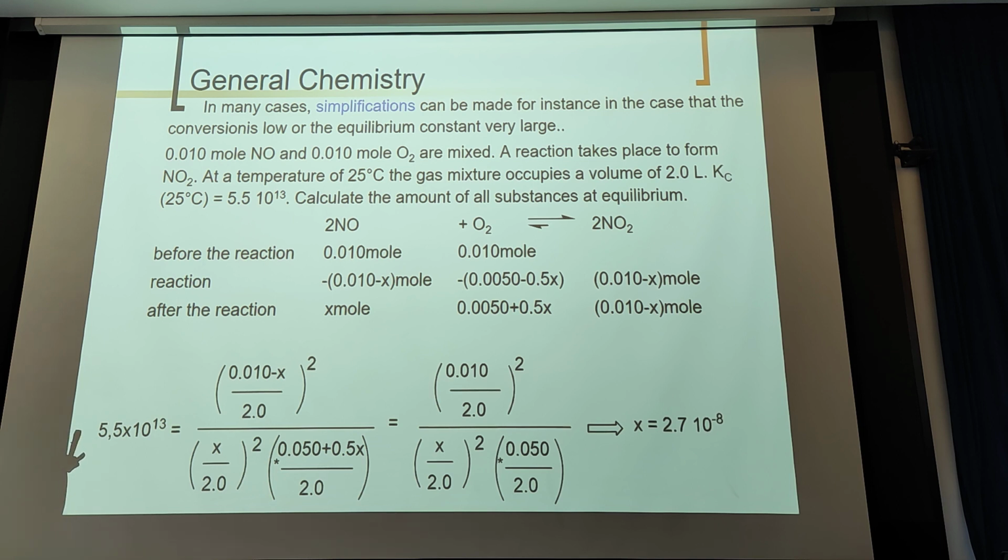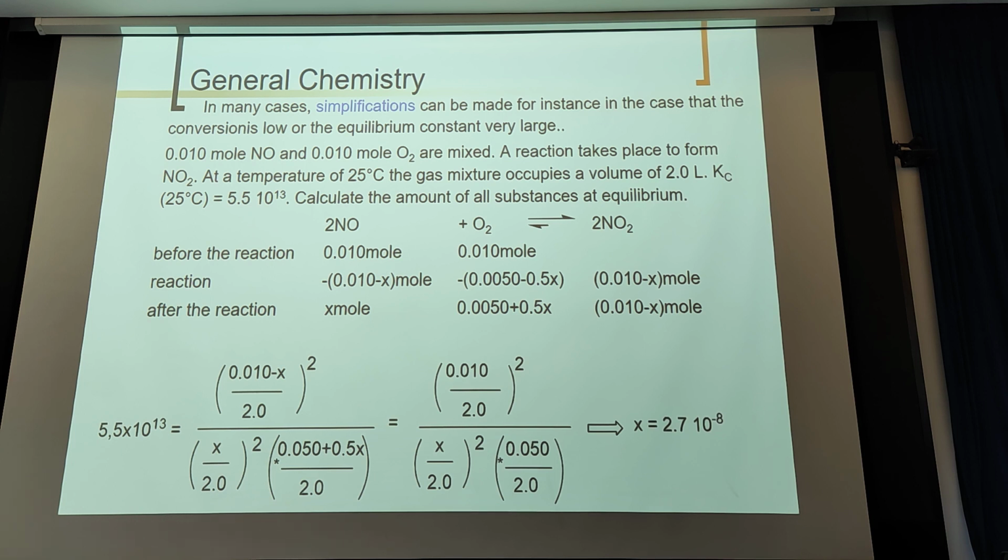Sorry, it's not a low conversion, it's a very high conversion, excuse me. How do we know it? From the data that is shown here, Kc, 5.5 times 10 to the 13th. That's an extremely large number. So that's 55 billion.